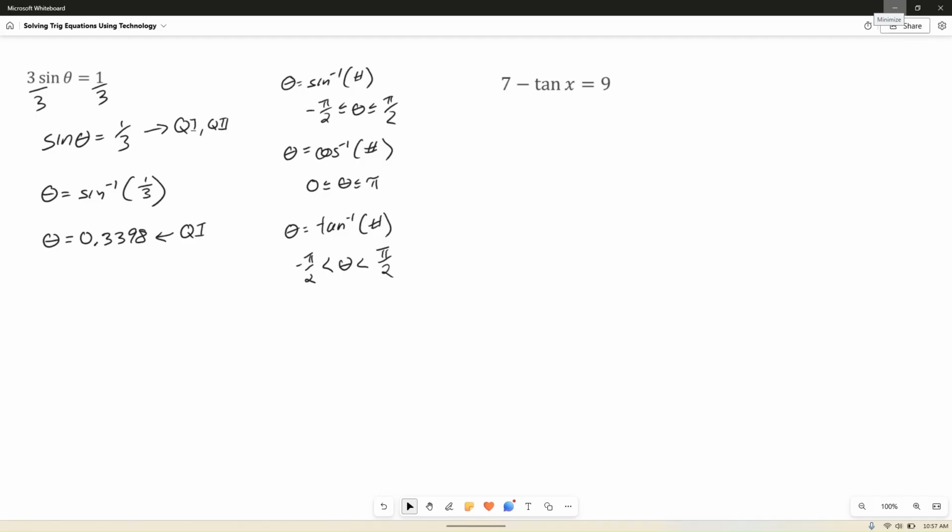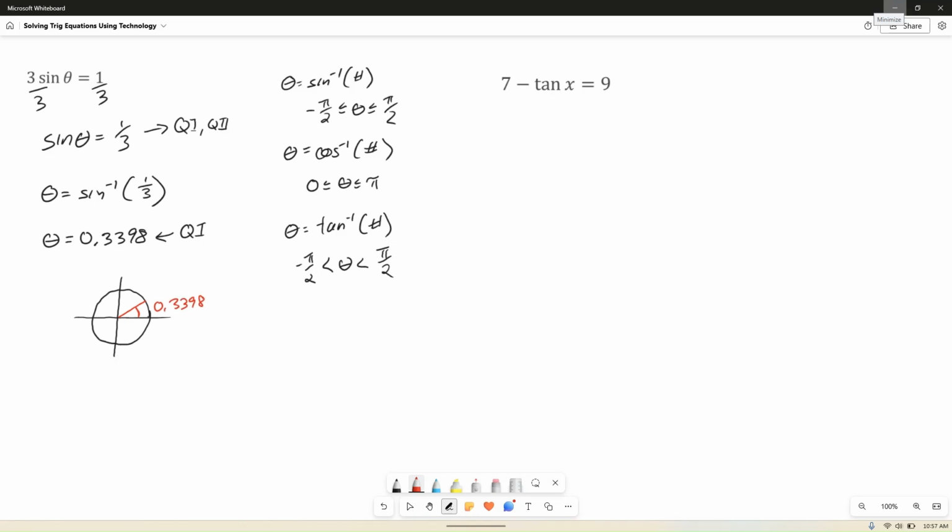Okay, so how do we figure out what the second quadrant angle looks like? So let me draw a little illustration here, a graph of our unit circle. Okay, we just found the angle in the first quadrant. So this little angle here, the acute angle in the first quadrant, and I know that that angle is 0.3398.